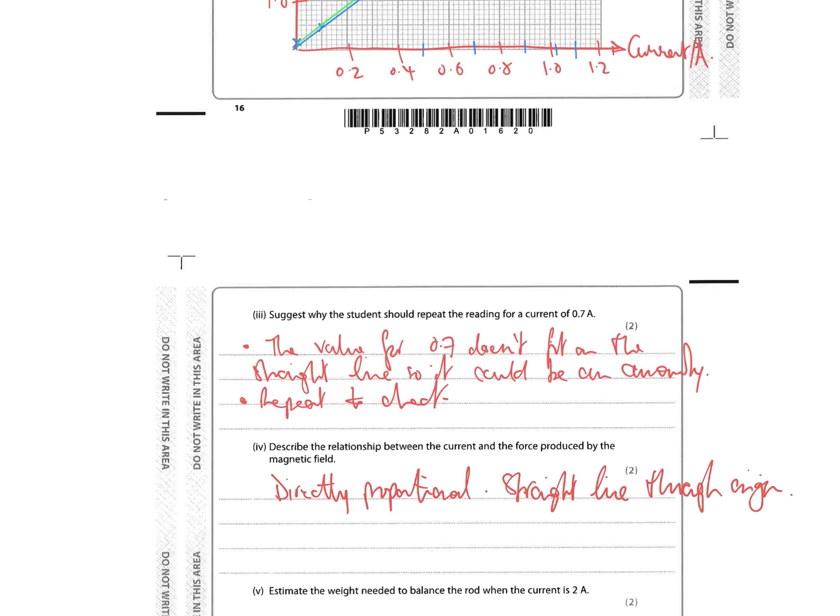That's how I describe what directly proportional is, but it's not through the origin. So how I describe it is, I'd say it's proportional. Or I would say that the current is proportional to the weight.